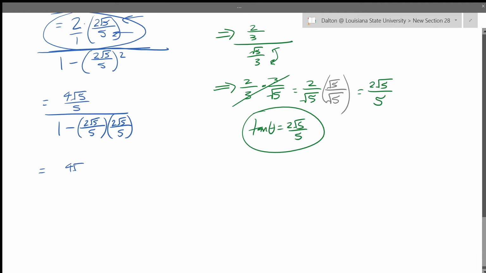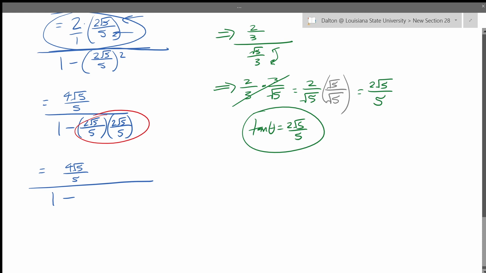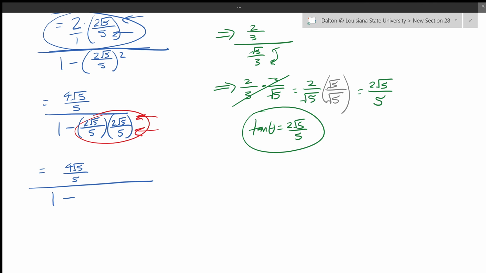4 square roots of 5 over 5, all over 1 minus. When I multiply these two fractions here in red, I'm going to do all that numerator together and then all that denominator together. So 2 square roots of 5 times 2 square roots of 5. 2 times 2 is 4. Square root of 5 times square root of 5 is 5.